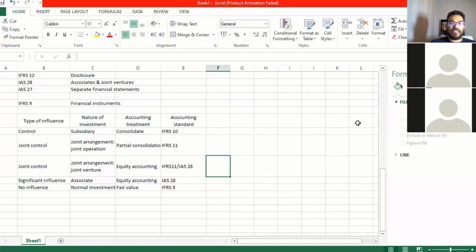Please make sure you can identify this. I do note for some, navigating through all these accounting standards can be challenging. So I hope this basic table will give you some mechanism to navigate through all of these accounting standards.